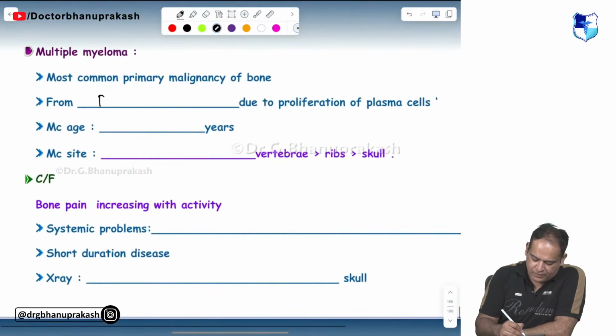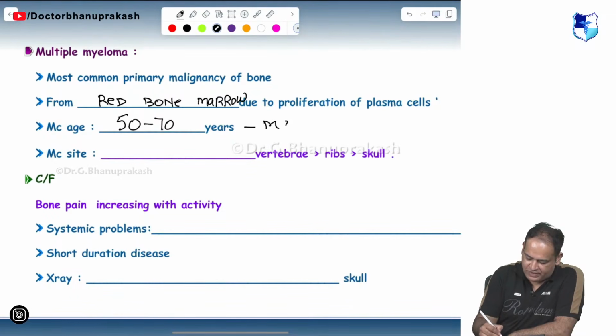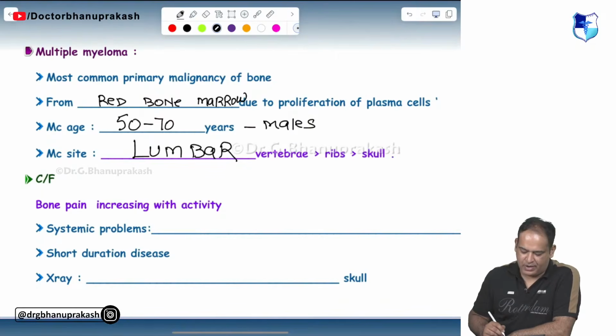Multiple myeloma. It arises from red bone marrow, and most common age is 50 to 70 years in males. Most common site: lumbar vertebrae.